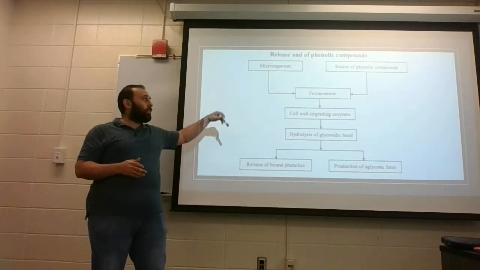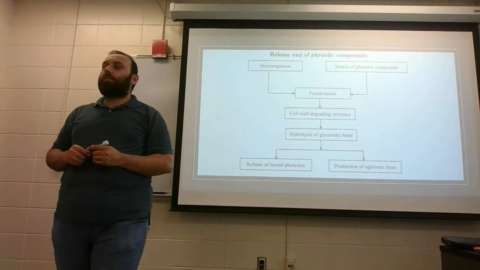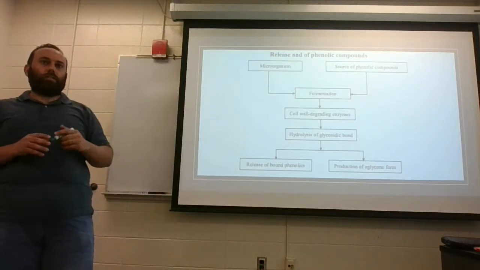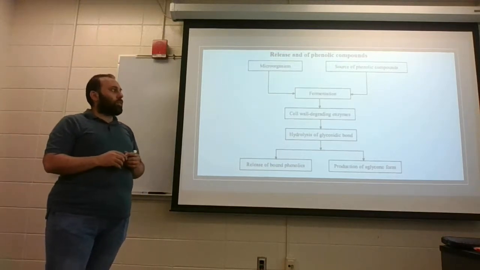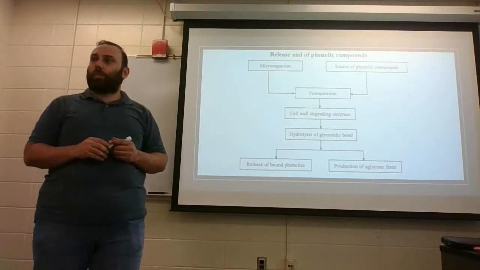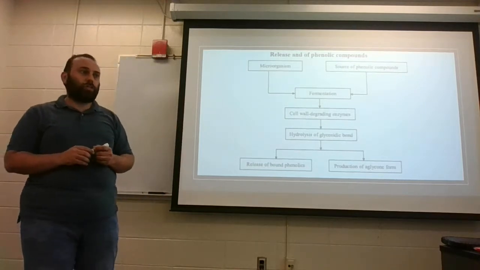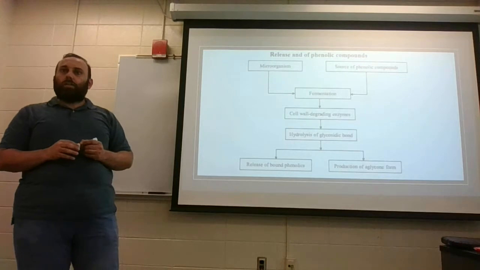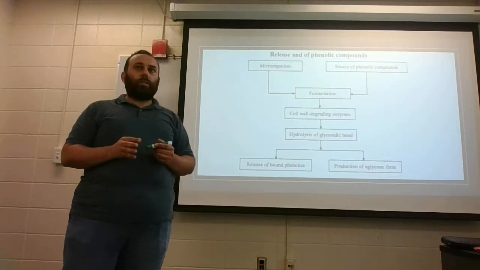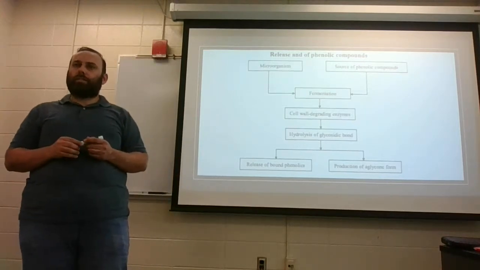Yes, this is the final. So 5 steps is the general process for extracting phenolic compounds from the plant using fermentation. Do you have any questions? Yes? I'm sorry, I still don't understand.